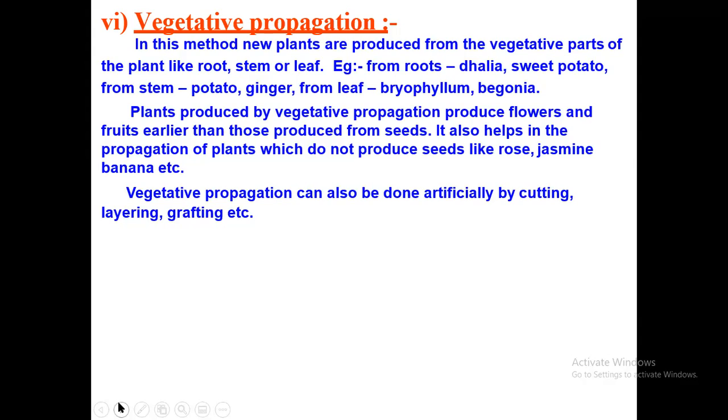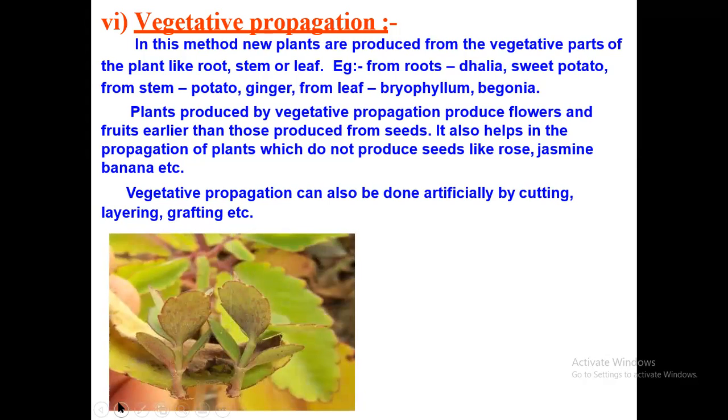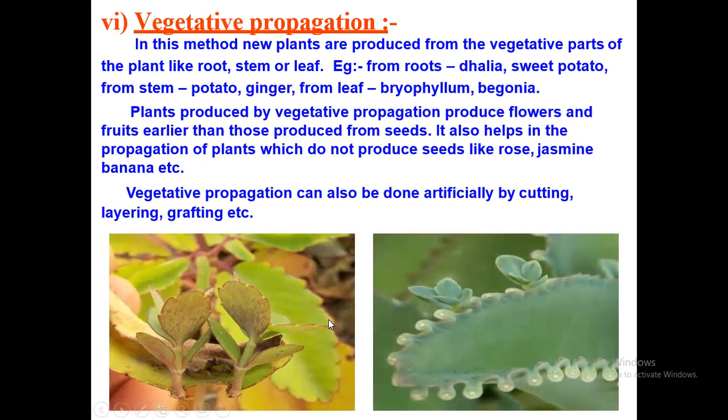It also helps in propagation of plants which do not produce seeds, like rose, jasmine and banana. Vegetative propagation can also be done artificially by cutting, layering and grafting. This is the leaf of the bryophyllum.